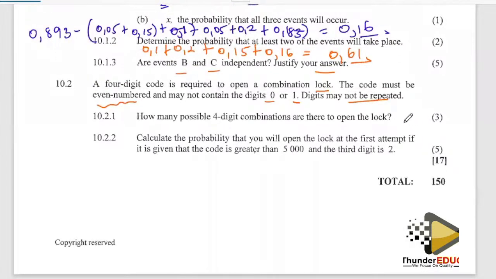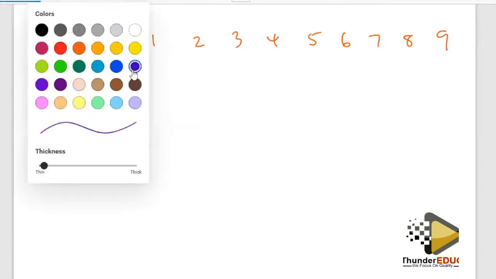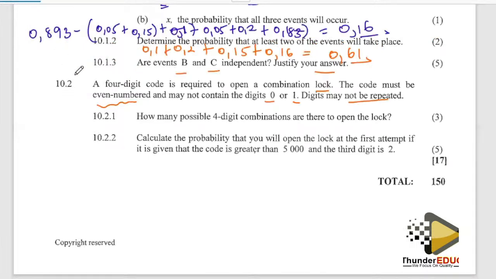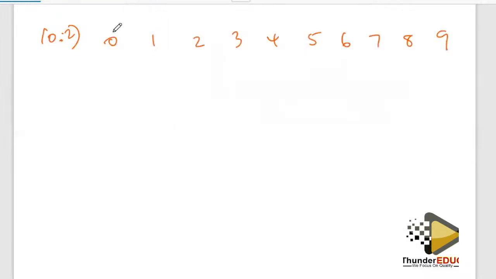So first of all, how many digits do we have altogether? Let me just have 0, 1, 2, 3, 4, 5, 6, 7, 8, 9. Then they told us we don't need a 0, we don't need a 1. So no zeros and no ones. Out, this is also out.